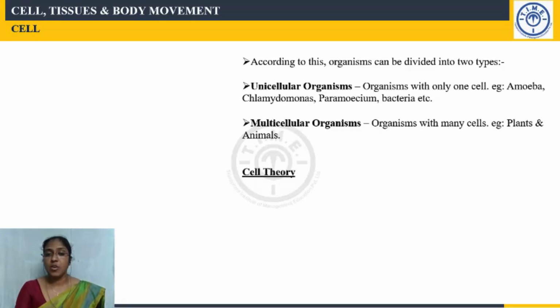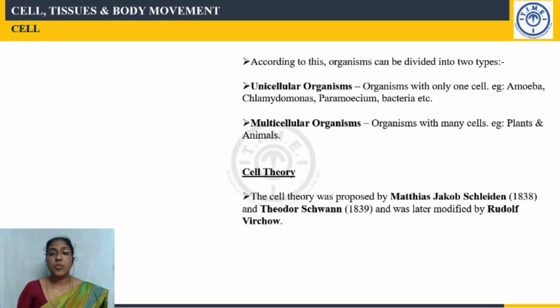Then what do you mean by cell theory? The cell theory was proposed by Matthias Jacob Schleiden, whom we can simply call Schleiden, in 1838, and Theodor Schwann in 1839, and was later modified by Rudolf Virchow.